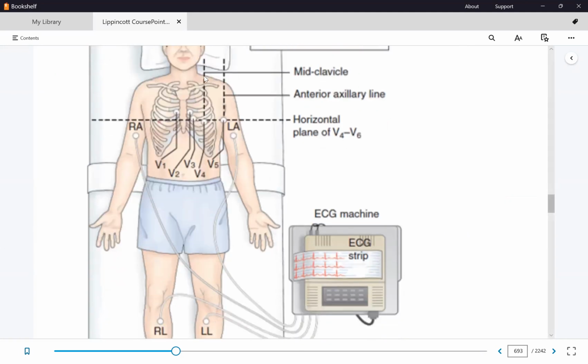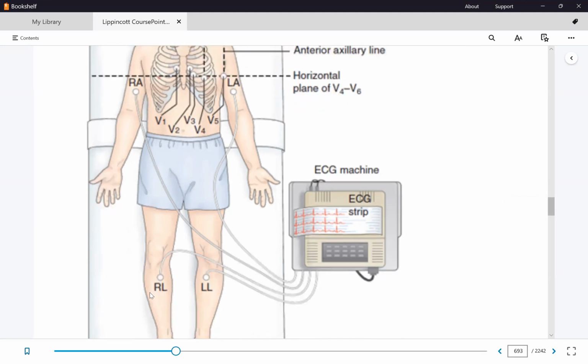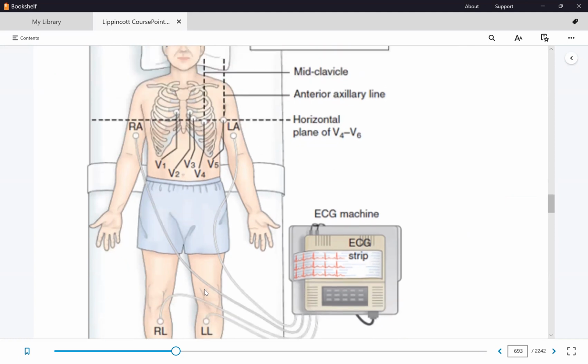You have 6 leads in the chest, 1, 2, 3, 4, 5, 6, and then 1 lead in each extremity. 1 for the right arm, left leg, right leg. So that's 10 electrodes. But these 10 electrodes interact because, again, 2 of them have bipolar leads, so they will give you 2 views. So therefore, in total, it will give you 12 views.